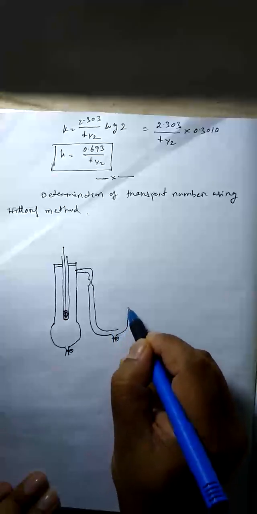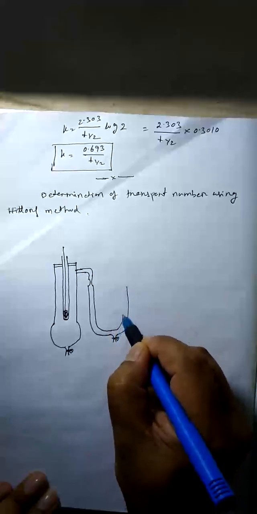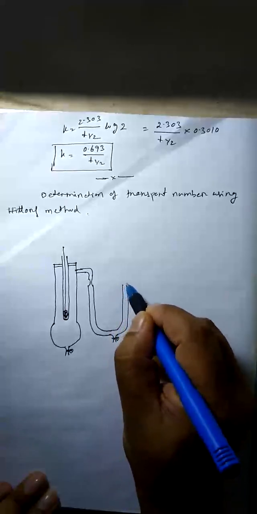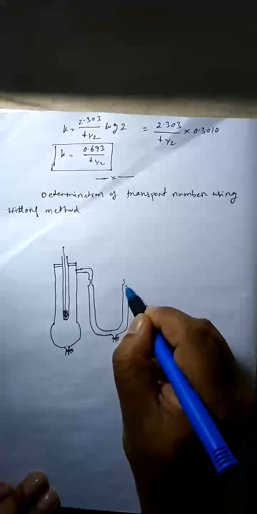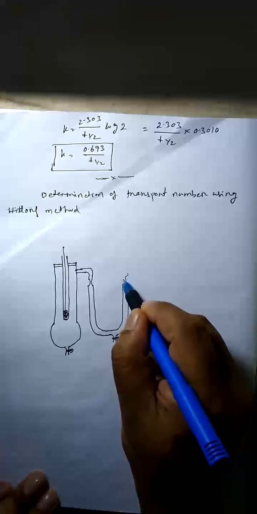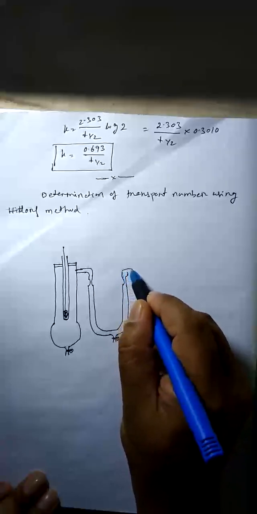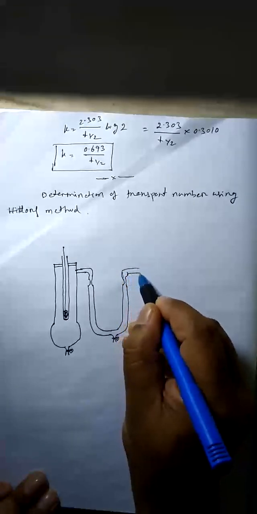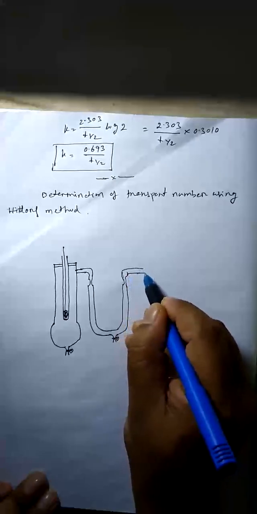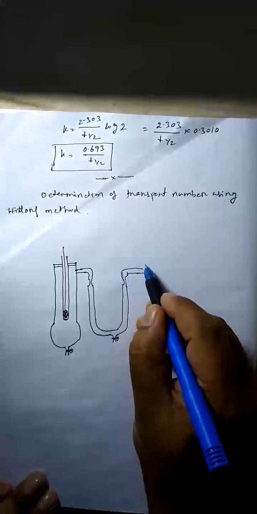This U tube we have to put here. This U tube is connected with the anode compartment.